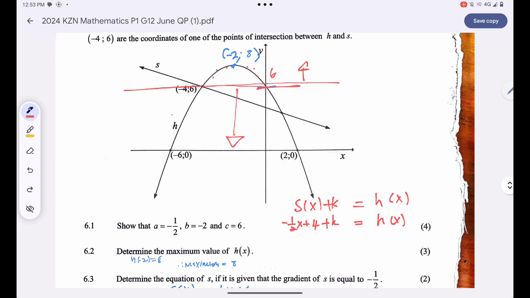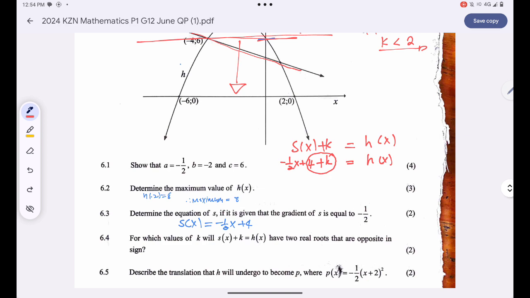So that means this will be true if and only if the y-intercept of this guy is just less than 6. So 4 plus k is less than 6. Therefore, k should be less than 2. K should be any number which is less than 2. Okay.